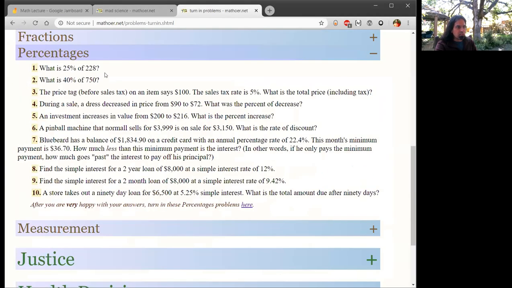But let's pick instead number 10. I need to shrink it a little to grab it.